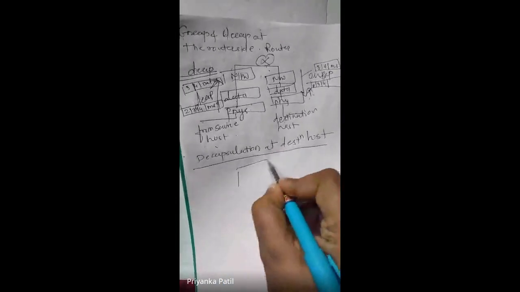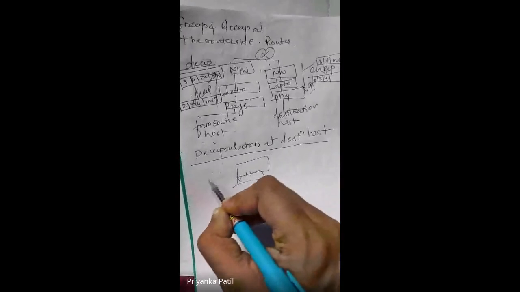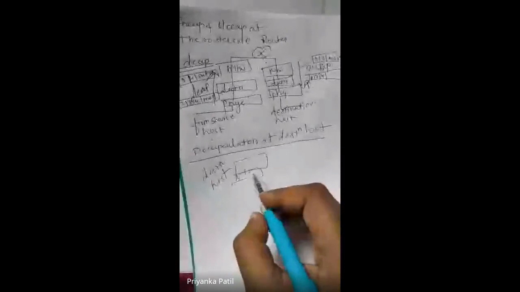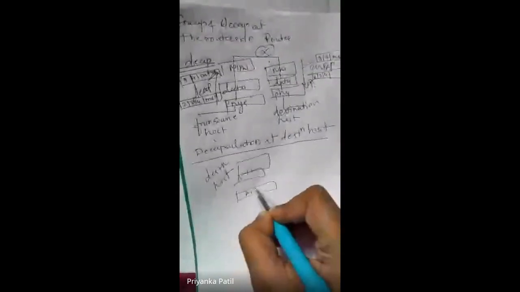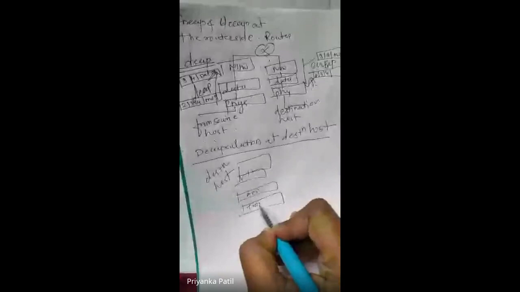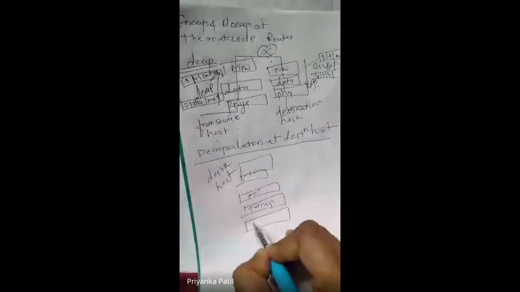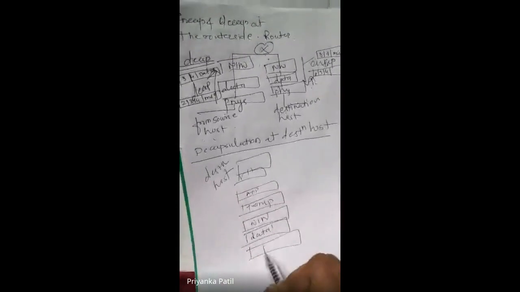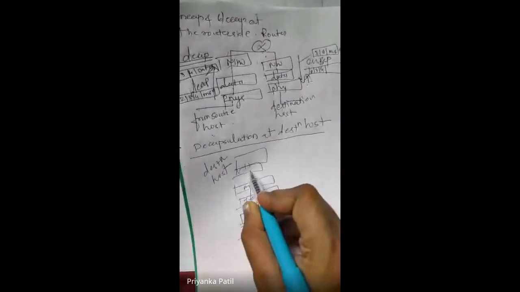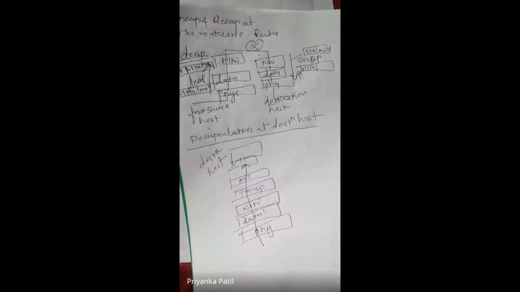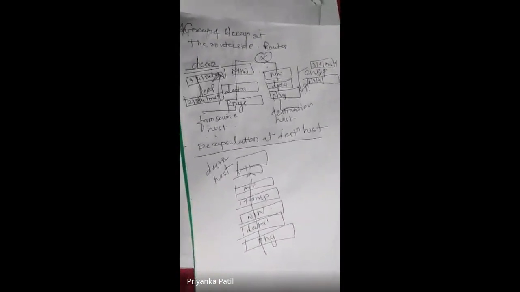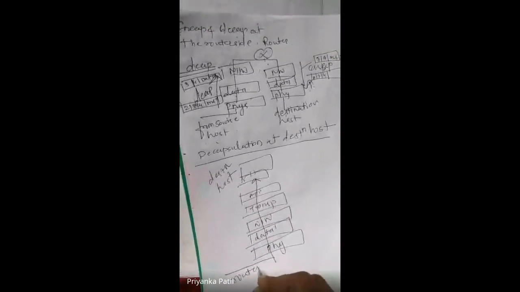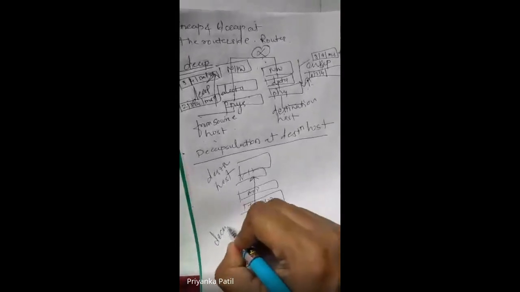First we mention the destination host or destination system: application layer, transport layer, network layer, data link layer, and the physical layer. This is the direction of travel from the physical layer to the application layer, and the physical layer is connected with the router. This is your decapsulation process.